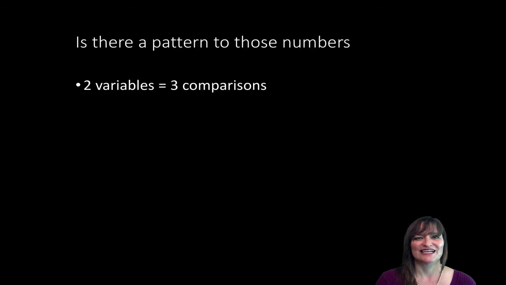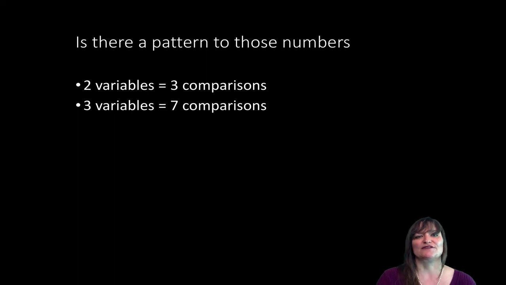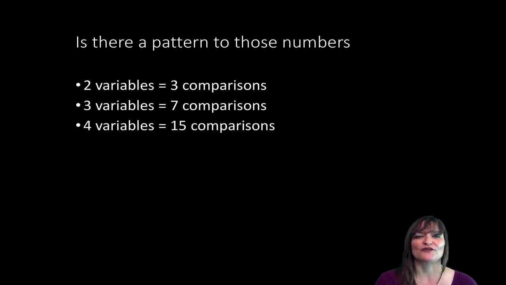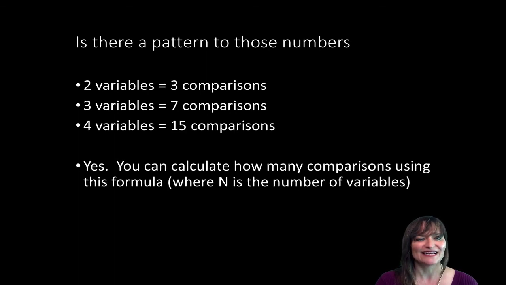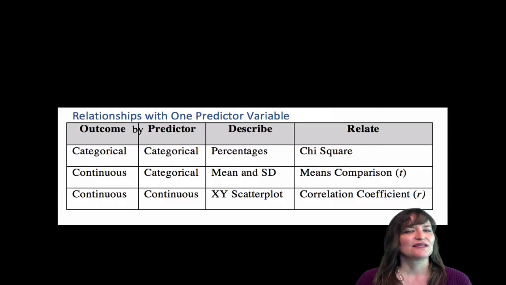Sure there is. 2 variables is 3 comparisons, 3 variables 7 comparisons, 4 variables 15 comparisons. If you want to calculate how many comparisons there are, you can use this formula. You take 2 and you raise it to the nth power, where n is the number of variables, and then you subtract 1.